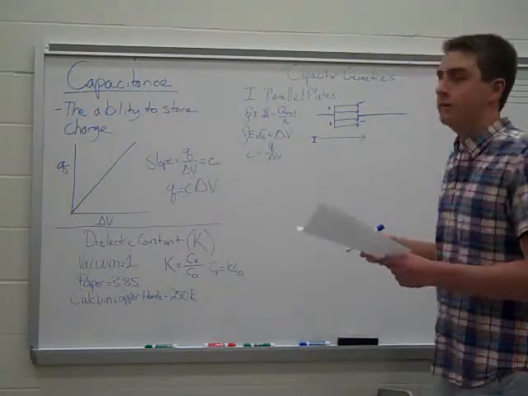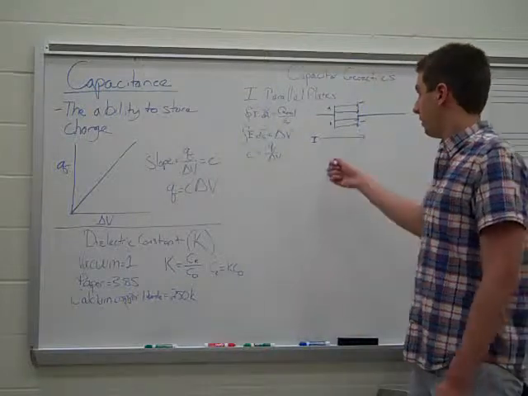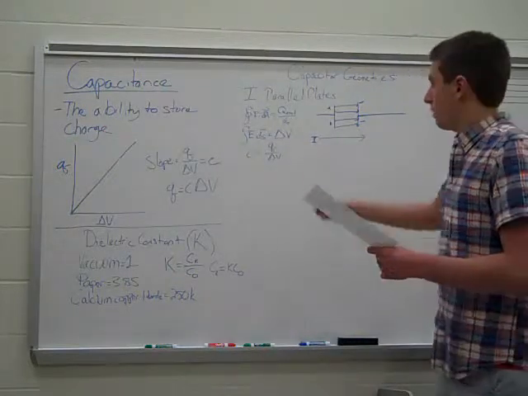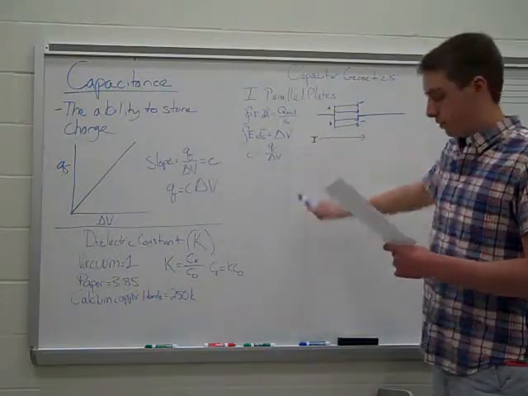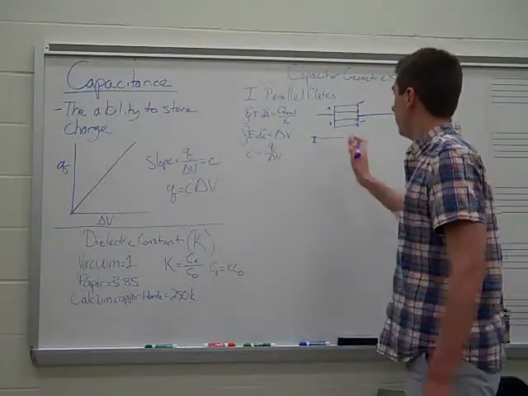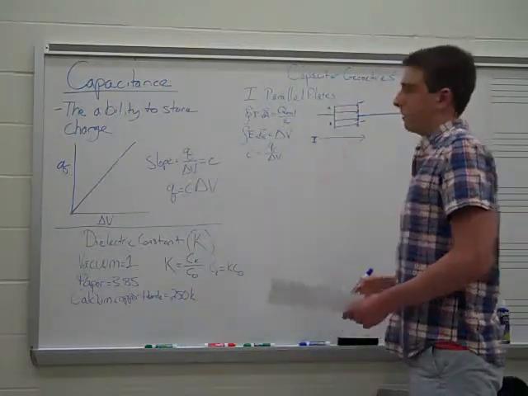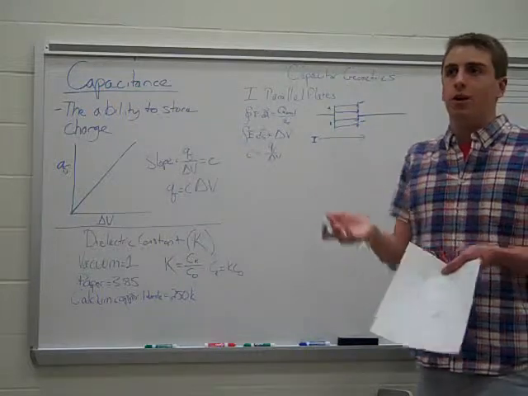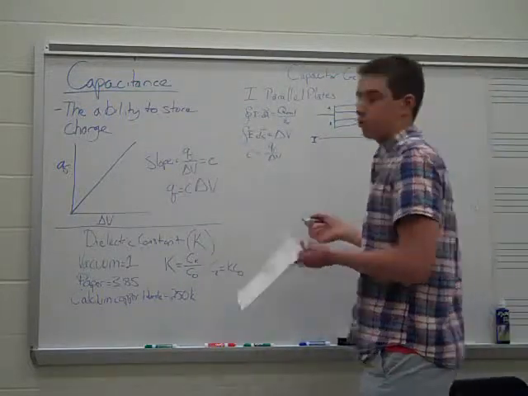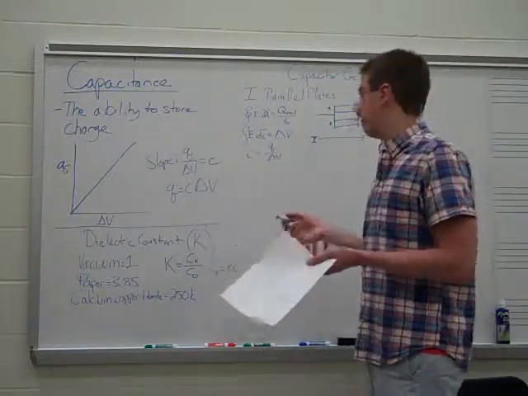So now we're going to derive the capacitance of this parallel plate capacitor. We have a few equations here that are going to come in handy. First off, I'm going to define what the charge is on this plate, because we don't necessarily know what the charge is exactly, so we're just going to use density notation.